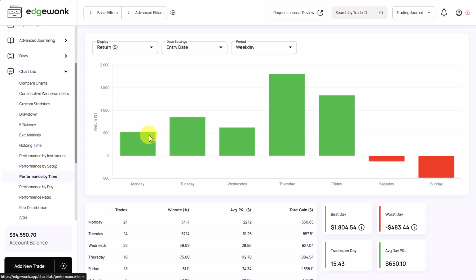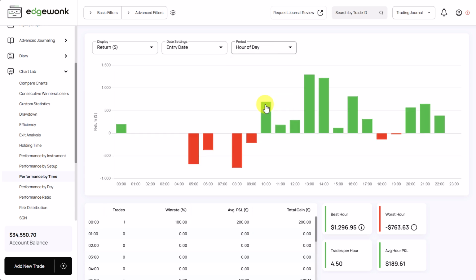Performance by time is always really helpful, not only on a weekday basis. So here we can see when our trades perform best on a given weekday, but for intraday traders, looking at the hour of the day is super important. And what we have seen time and again, looking at the journals from our users, is that there's usually a very well-defined window of opportunity when your trading strategy performs best.